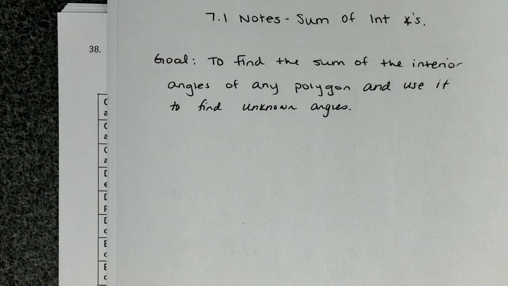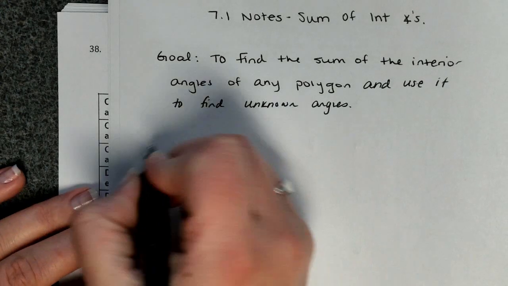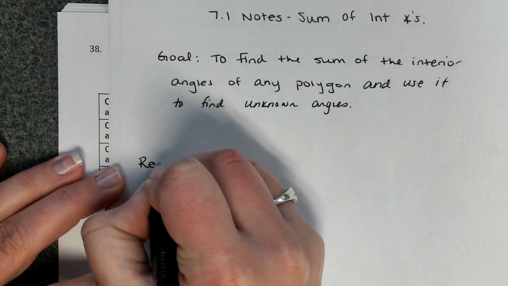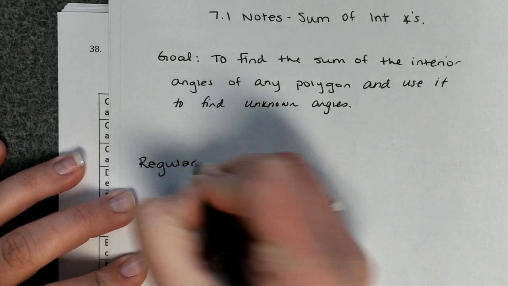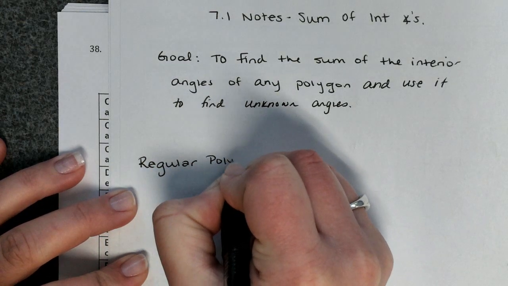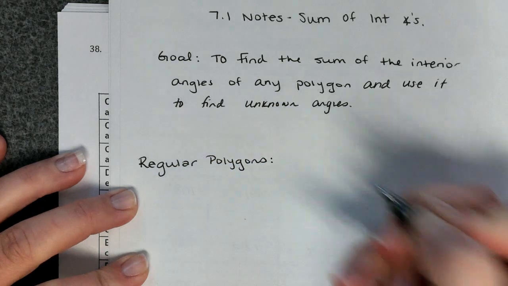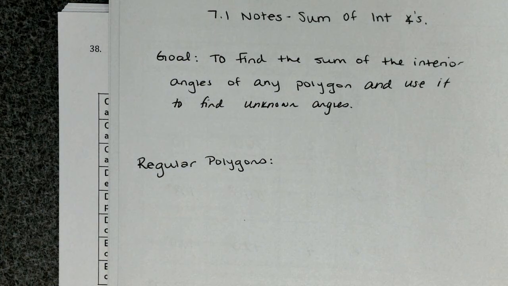Now, not all polygons are regular polygons, and we talked about what a regular polygon is, so we'll go ahead and write that down so that we have it in our notes. What was a regular polygon? All the interior angles are going to be the same.